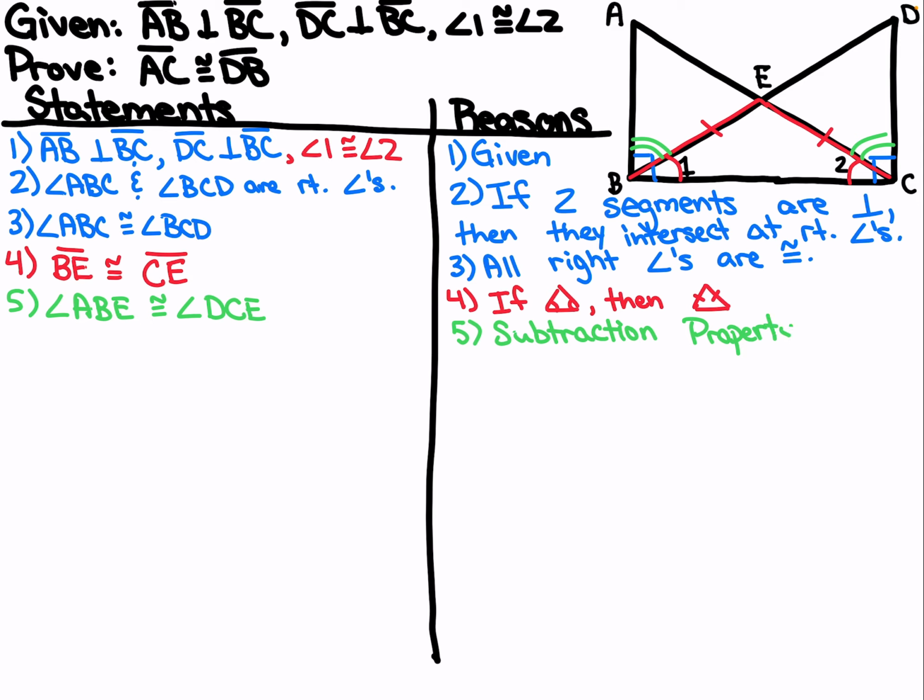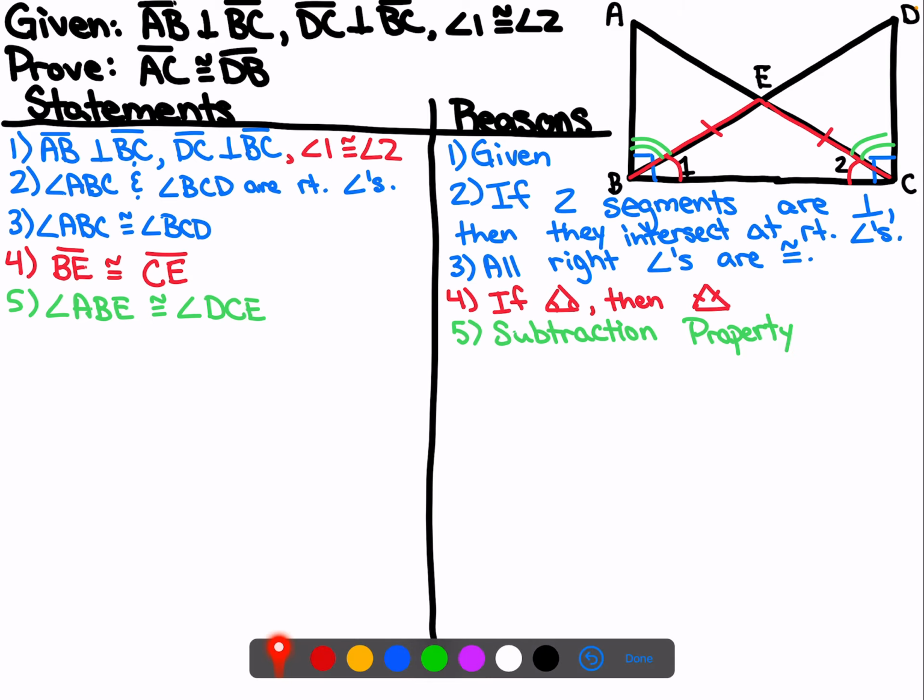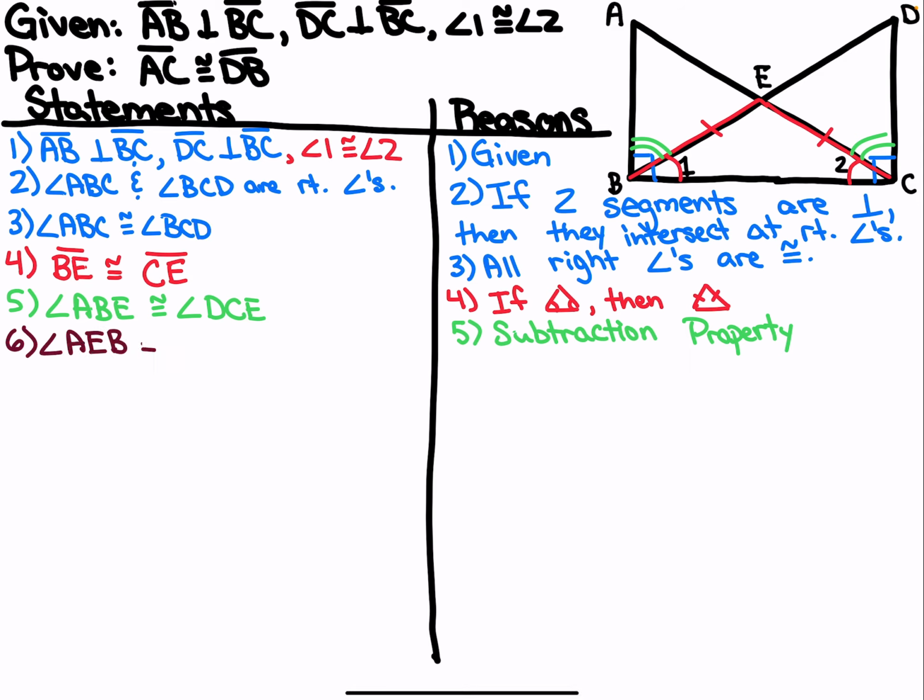Now, from here, if I focus on these two smaller triangles, this left triangle ABE and this right triangle DCE, then we should be able to prove that these two triangles are congruent. We just need one more thing. Now, looking at these two figures, I see vertical angles. I see angle AEB is congruent to angle DEC because vertical angles are congruent.